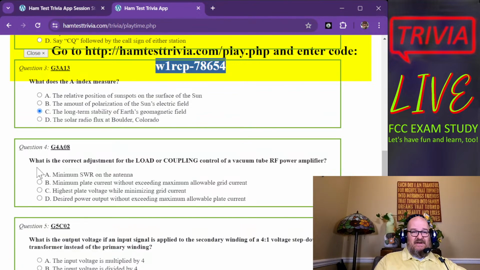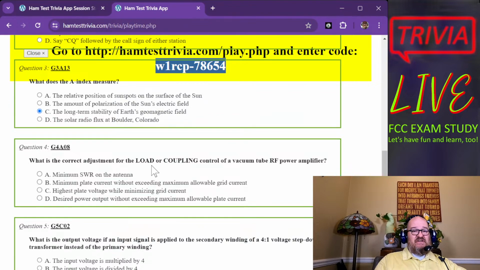What is the correct adjustment for the load or coupling control of a vacuum tube RF power amplifier? This is why I'm scared of power amplifiers, because guess what? I only memorized the questions on the test too, because I didn't have a tube amplifier.